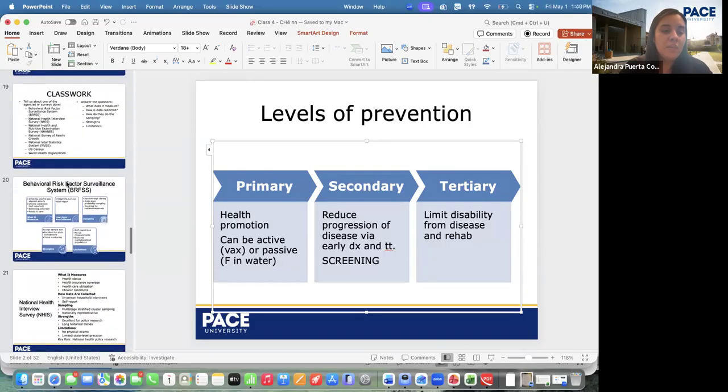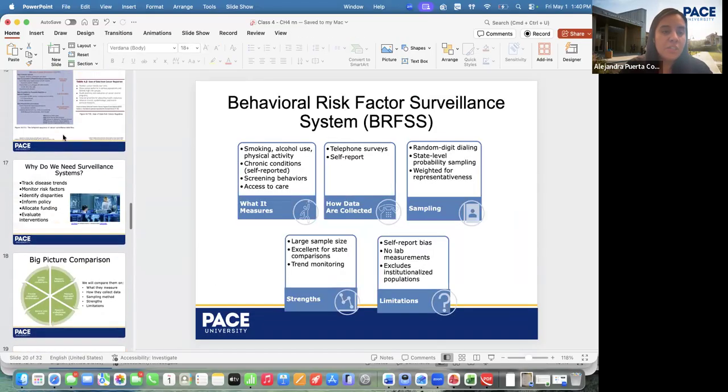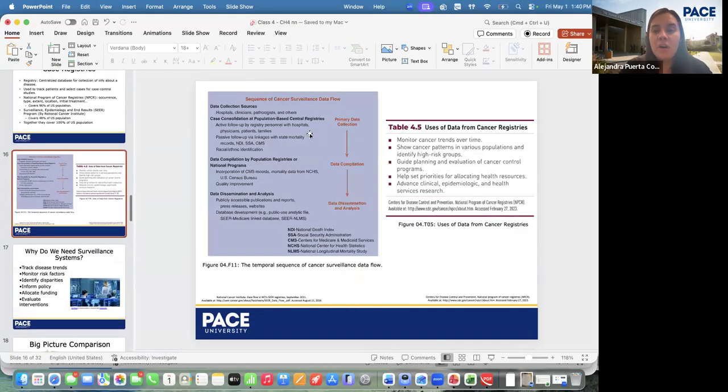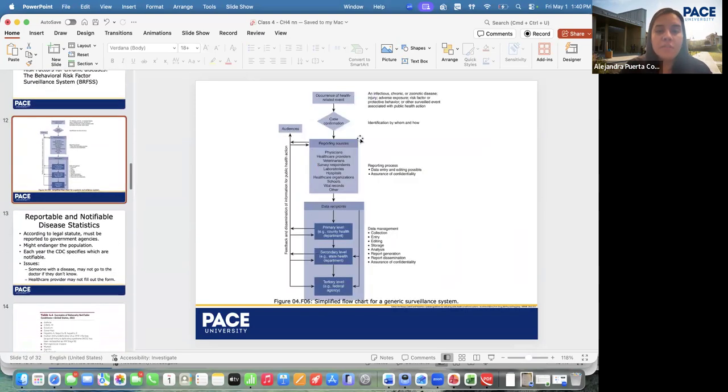Let's see from here. Just a little reminder of surveillance, right? So we want to be able to keep tabs on what's going on, right? Through surveillance.